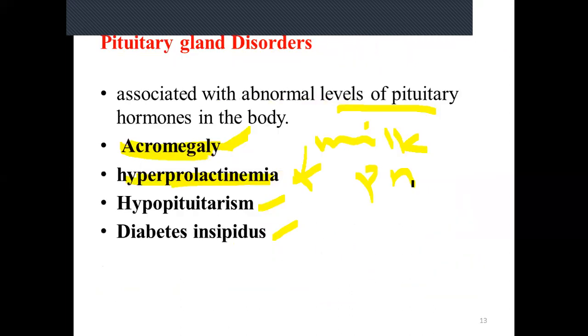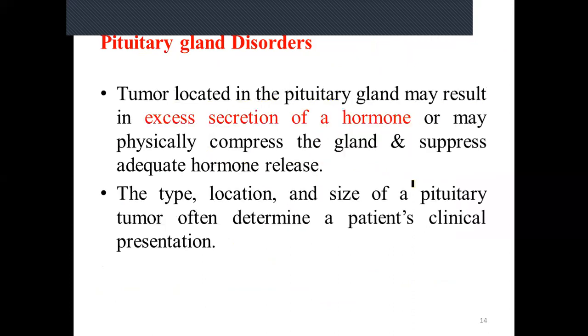So galactorrhea, or frequent discharge of milk, is very common. I will come to that point maybe on Wednesday, because today we are going to focus mainly on the acromegaly component, or excessive growth hormone production.